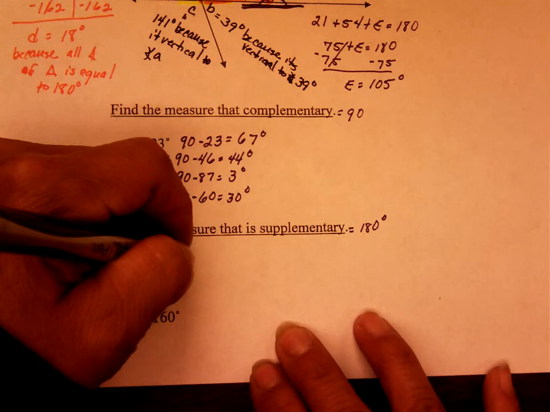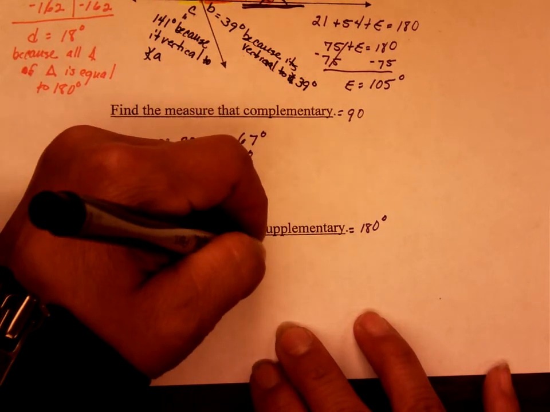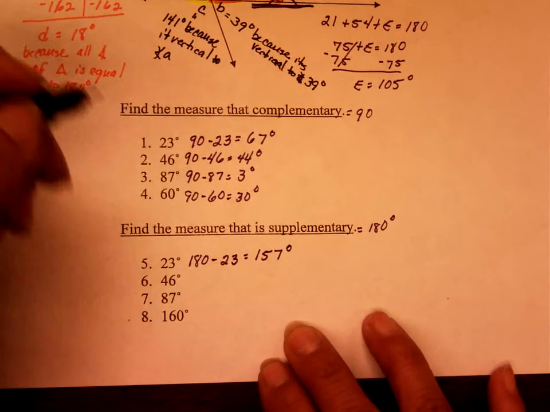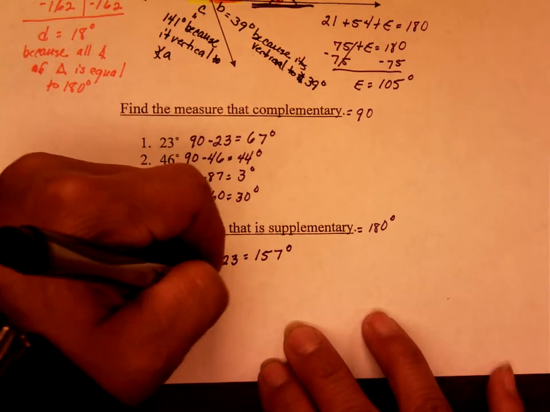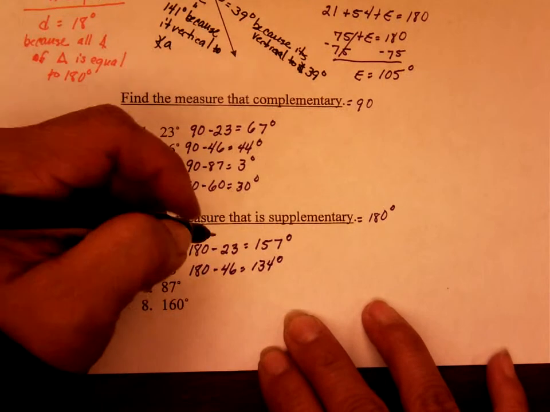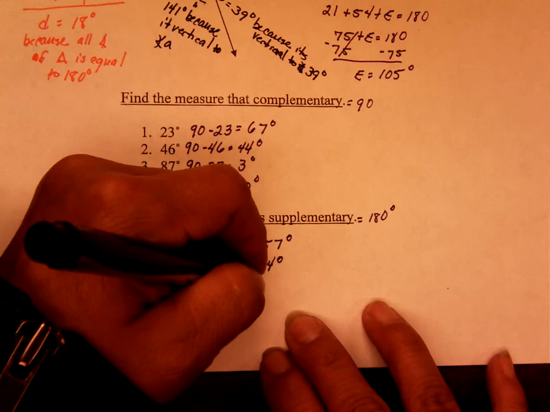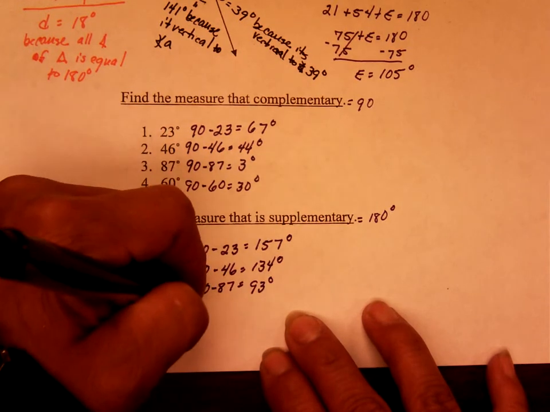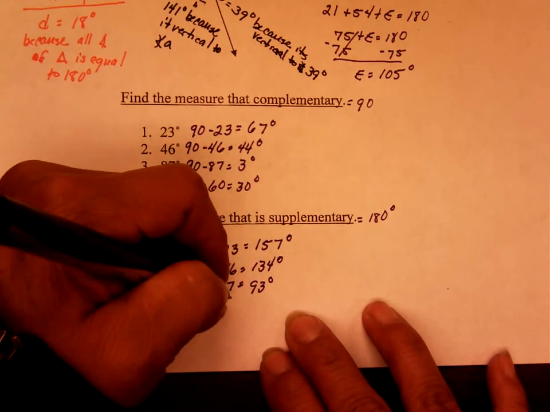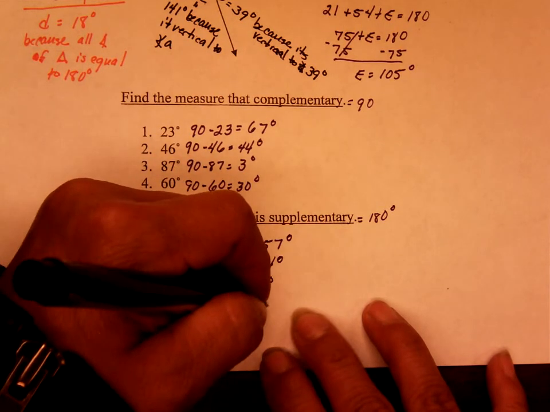So 180 minus 23 equals 157 degrees. 180 minus 46 equals 134 degrees. 180 minus 87, and that equals 93 degrees. And 180 minus 160, and that equals 20 degrees.